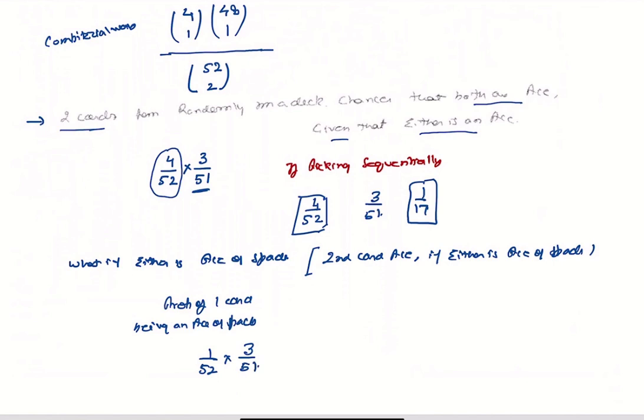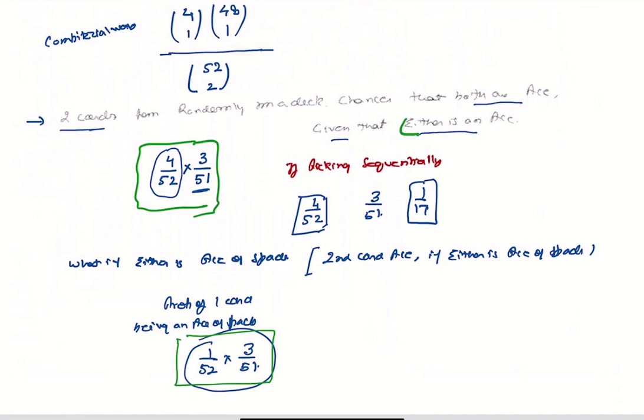So it is different here from here. This one is 4 out of 52 and this one is 1 out of 52, because here we are choosing either an ace, whose possibility becomes 4, while here we are choosing the ace of spade, whose possibility becomes 1 out of 52.